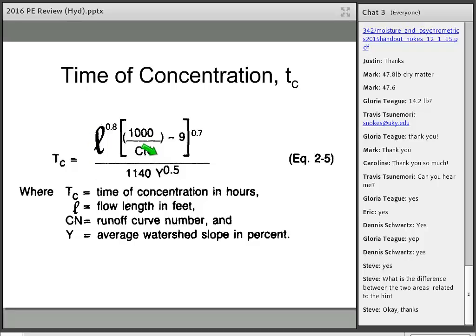This is dimensionless, and yet it's to the 0.7. And then you've got down here percent, the square root of percent. I mean, this is something that doesn't have a physical reality, but it is a useful equation, and I've used it in design situations, and it's okay. It's better than having to try to estimate it some other way. So you've got at least an idea what's going on with the time of concentration.